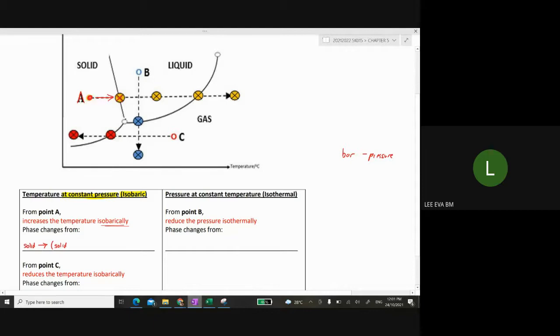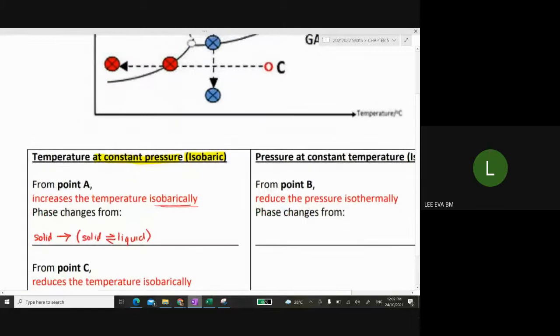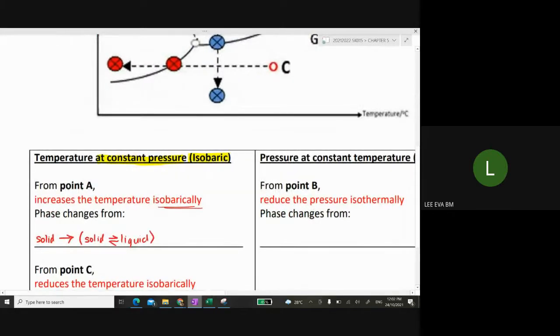So over here, at this cross, when you cut along the boundary, you have solid and liquid in equilibrium. Okay, pay attention to how I'm writing the phase changes. Solid starting from your point A, and then it touches the line. You touch your line OB, right, earlier there was line OB. At this point, you will see your solid and liquid in equilibrium.